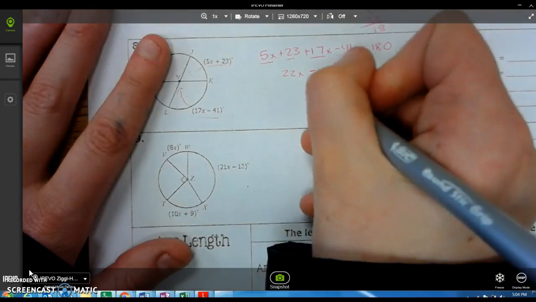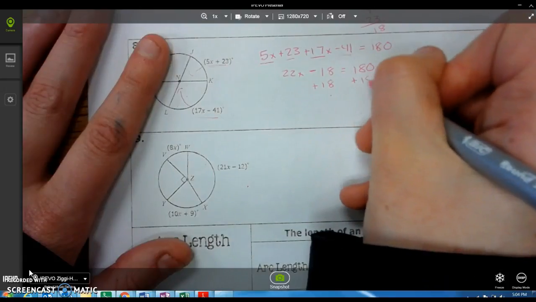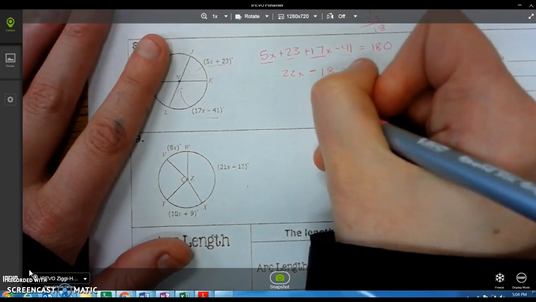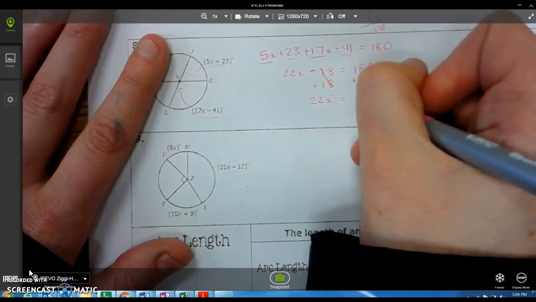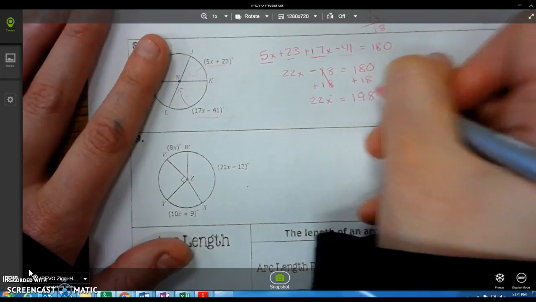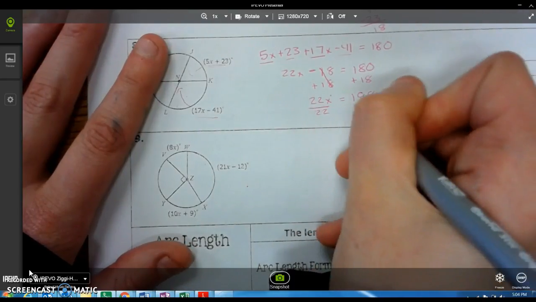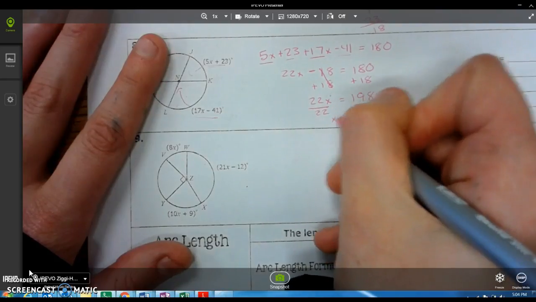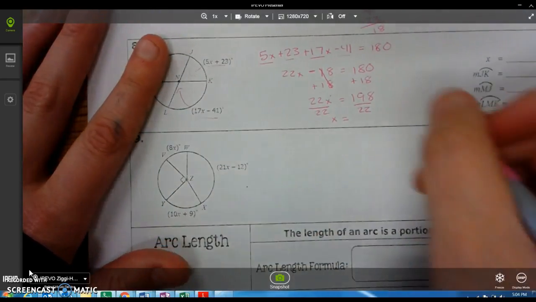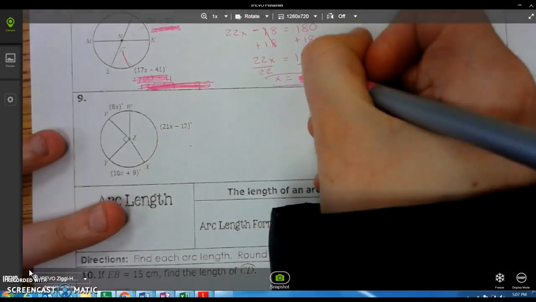We're going to add 18 to both sides. And divide both sides by 22. X is going to equal 9.